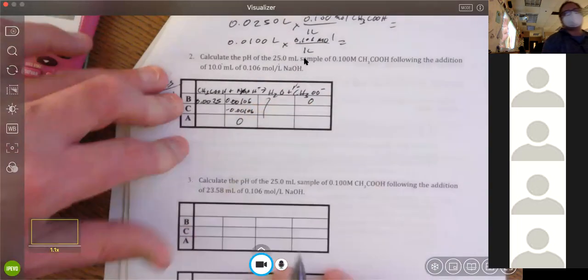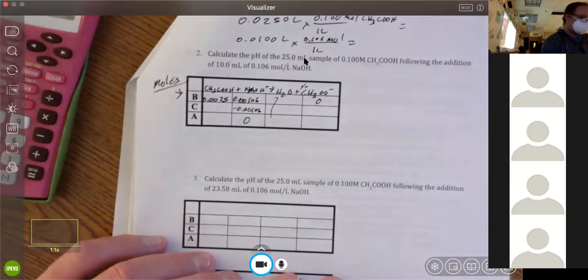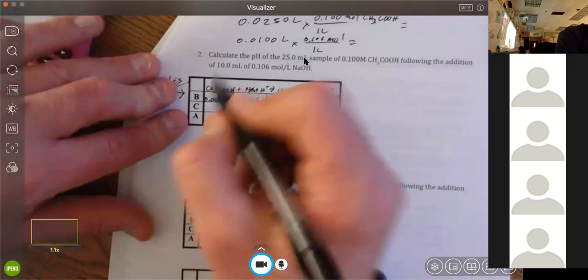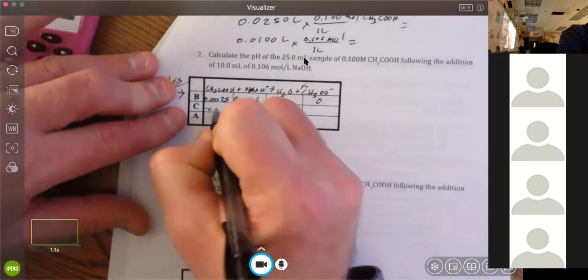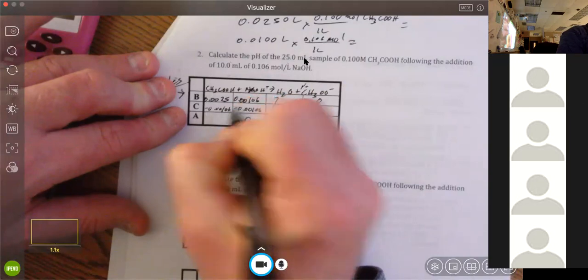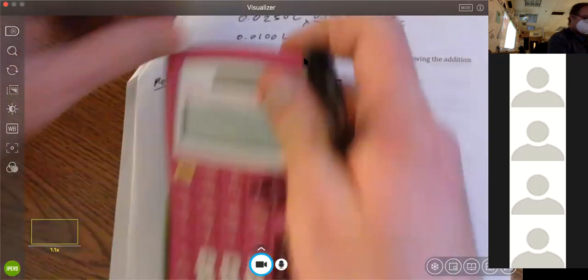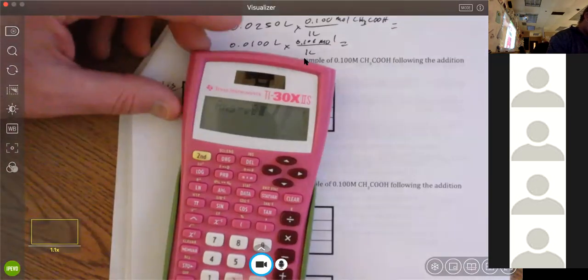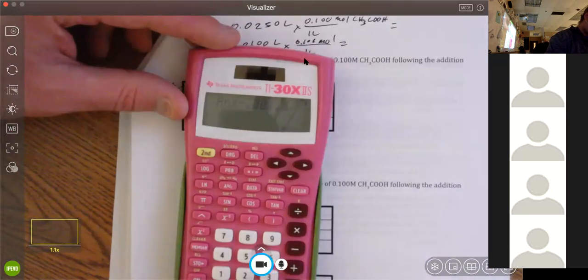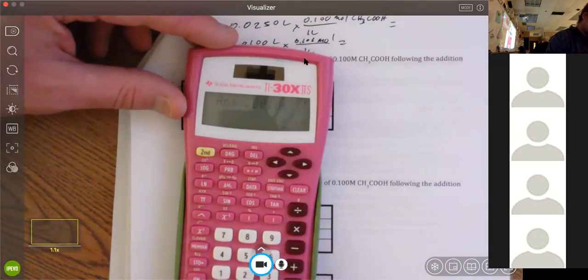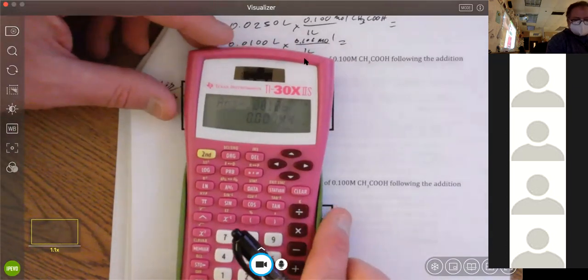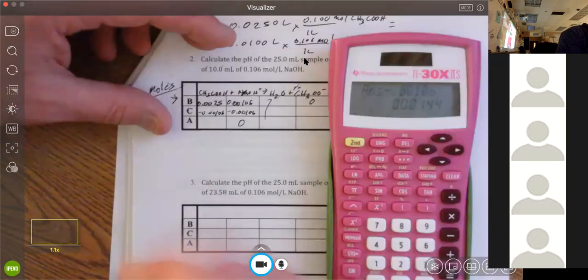So we will have none of it at the end. Well, if that's all we have of that, that's all we can use up of this. So we end up with 0.00144.